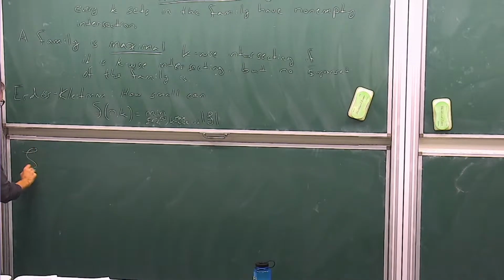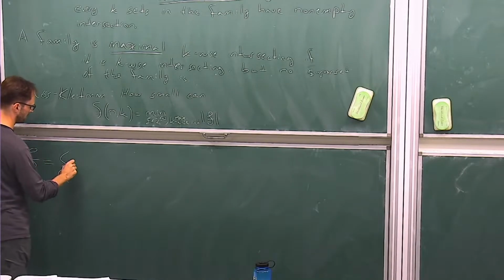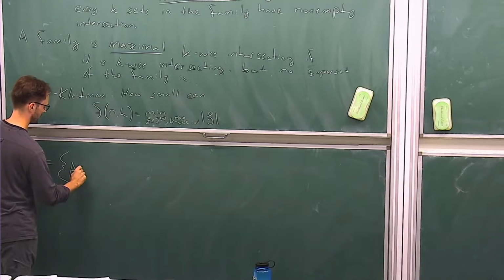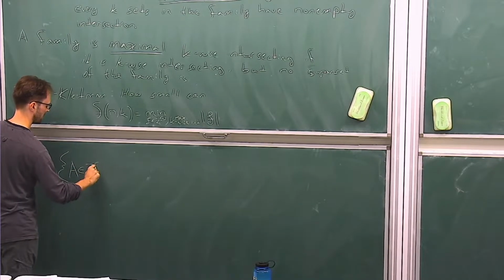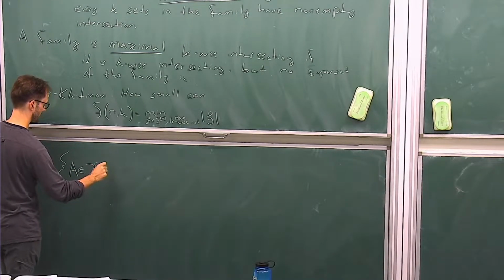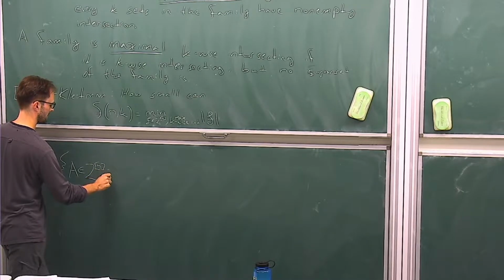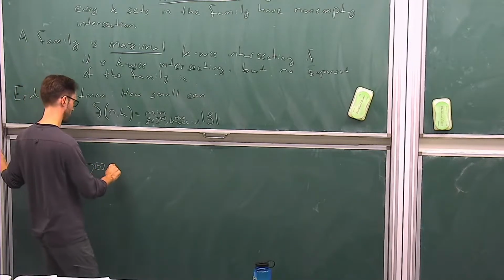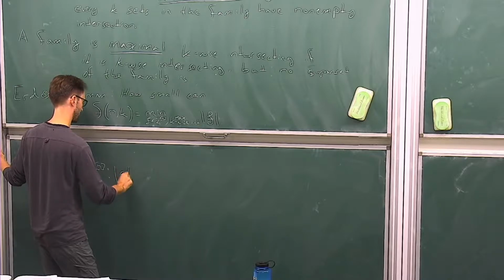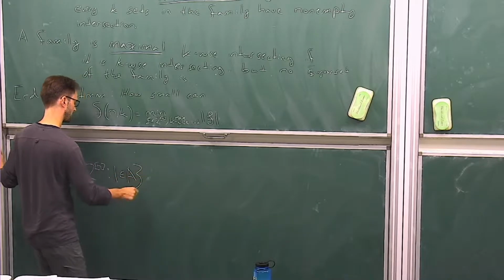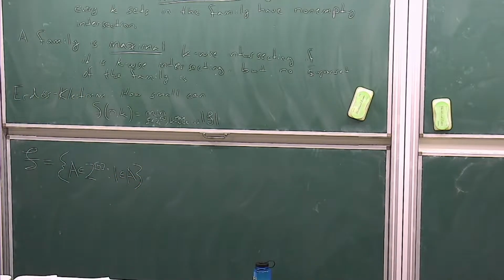Let's take the family F which will be the subsets of 1 to n that contain one fixed element, say the first one. This is going to be k-wise intersecting for any fixed k and n large enough.